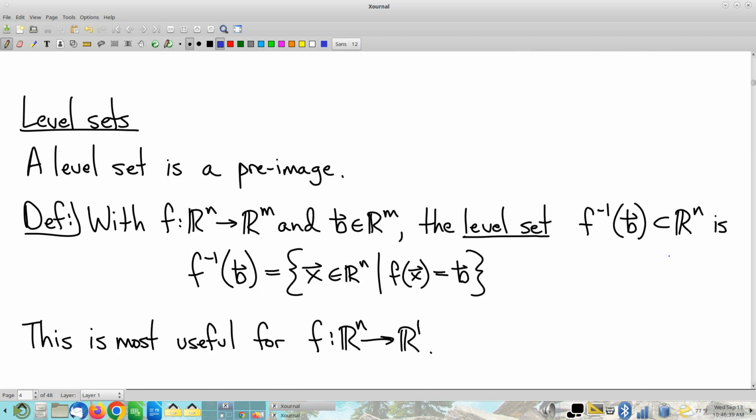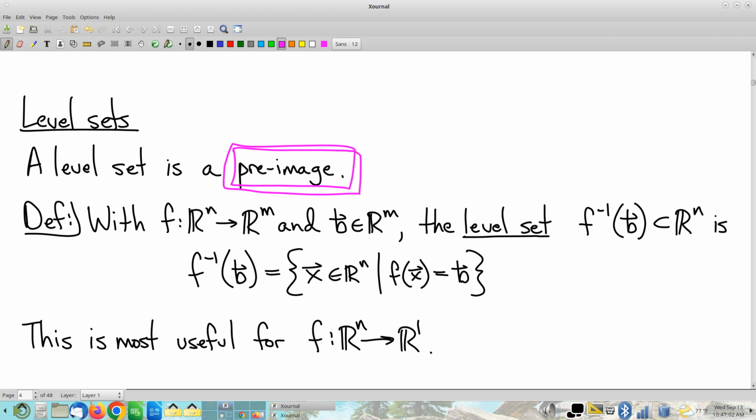Okay, moving along. Level sets. Level sets are pre-images. Recall we talked about the idea of a pre-image last time, I'm pretty sure. When you have an input, what comes out as a result is the image.